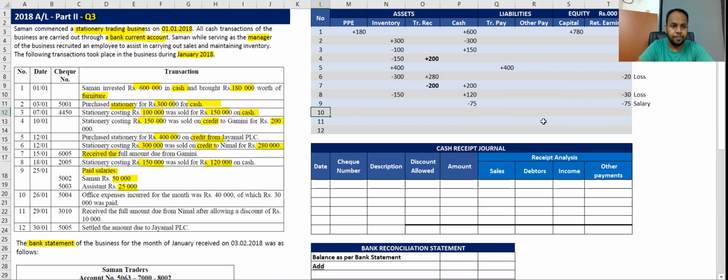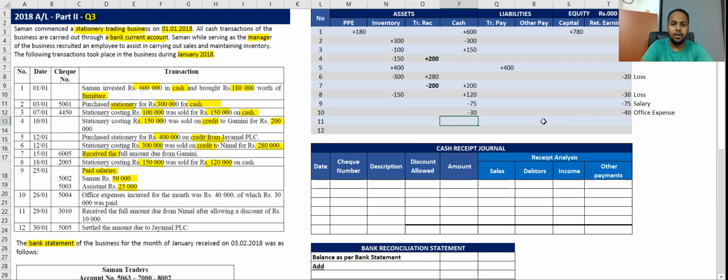Number 10. Office expenses incurred for the month was 40,000, of which 30,000 was paid. Now expense is 40. Retained earnings will reduce. This is office expense. Out of this 40,000, only 30,000 was paid.